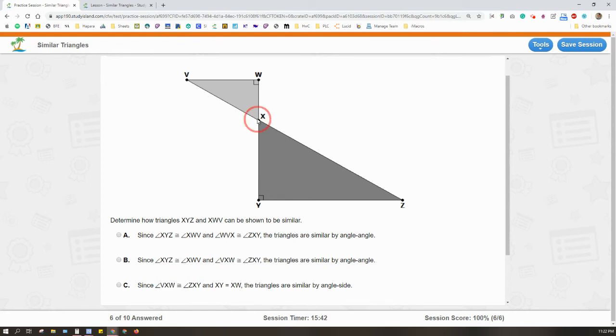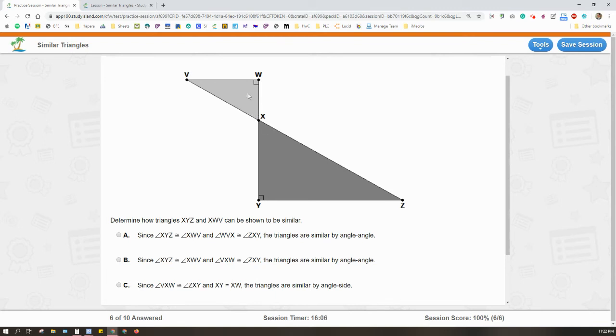So this angle right here, WXV, and the other angle on the vertical side of that, YXZ, those are congruent to each other. Two lines cross each other, and the opposite angles are vertical angles and they are congruent.